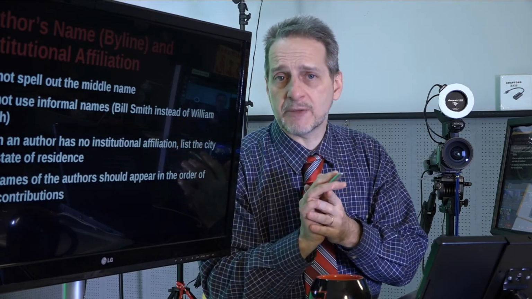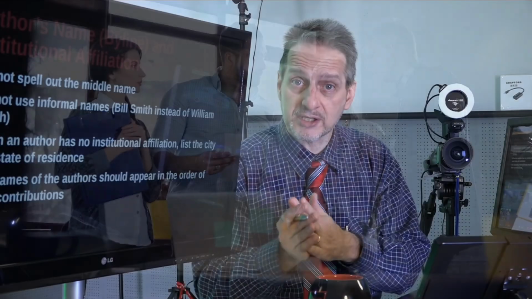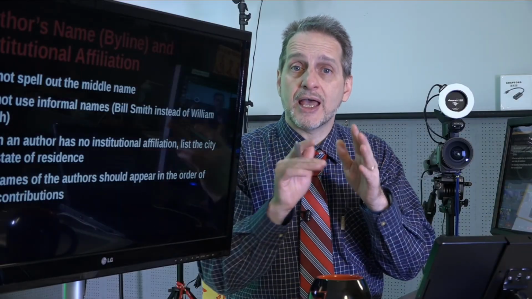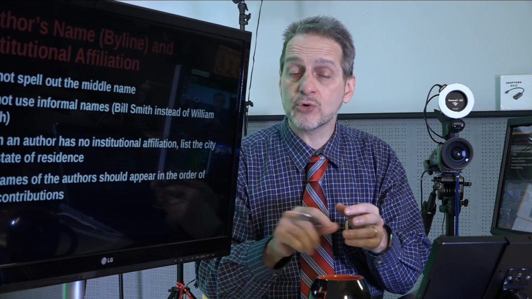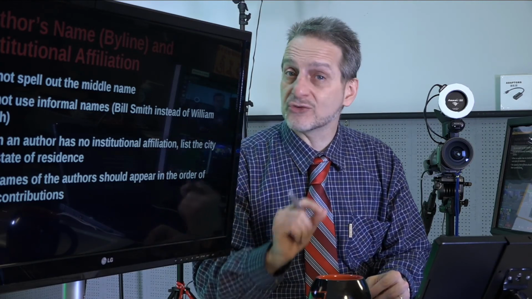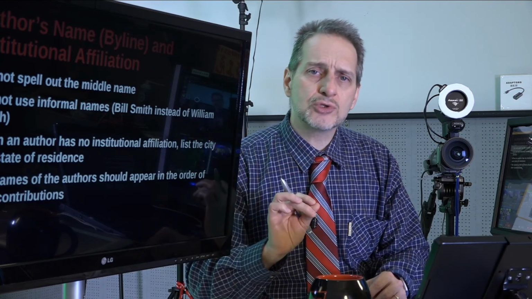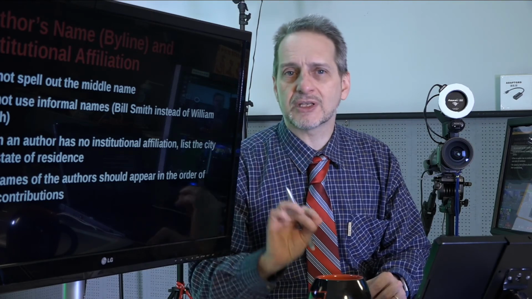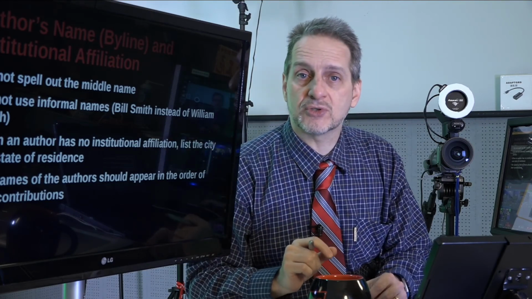Sometimes there may be a paper where actually two or more people do the same amount of work. That's a special case. And you will still have to list those names somehow, maybe in alphabetical order, but then you have a special note. And the note says all authors contributed equally to this paper. That's a bit unusual. More often than not, you do have the first author as the person who did the most.